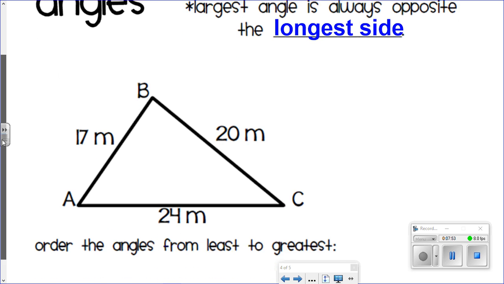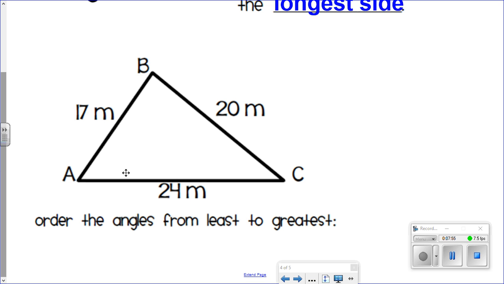So, in our sample problem, we want to order the angles from least to greatest. So this is my suggestion. When you start off with your triangle and you have your 3 sides, make sure you mark them small, medium, and large.